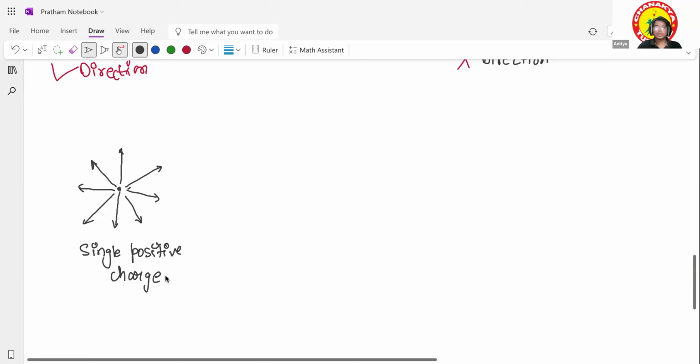What can be the next option? Let's have a condition of one negative, another negative, one positive. So in this case, what kind of electric field can you observe? Like this.